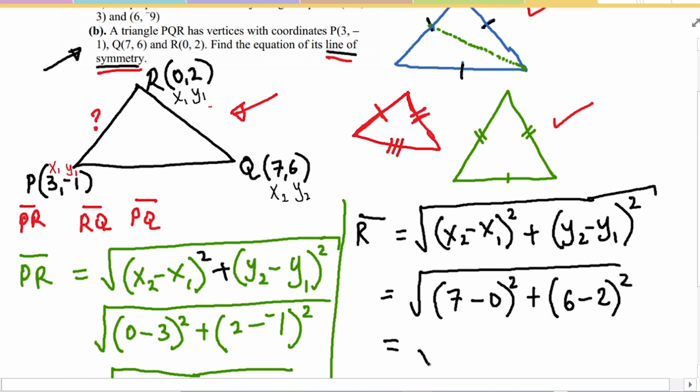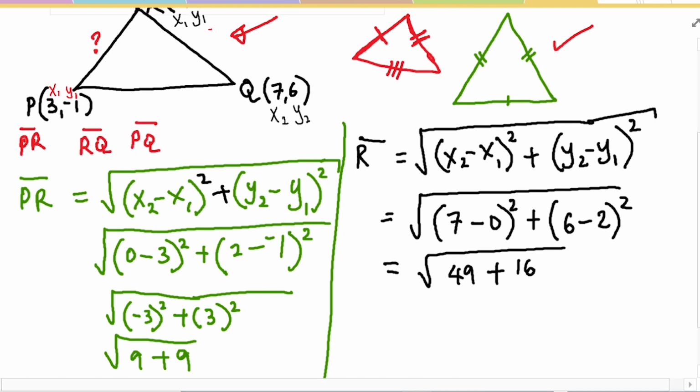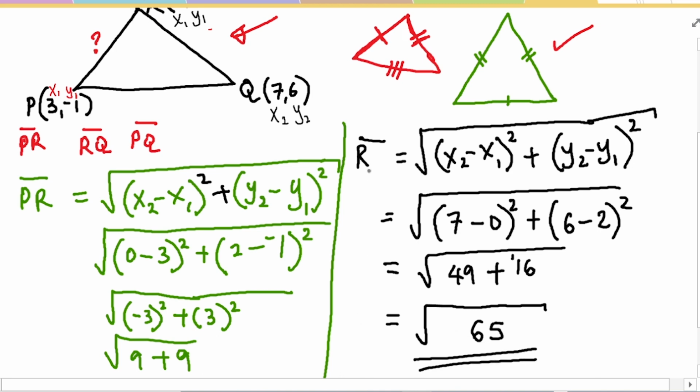That becomes the square root of 7 squared, that is 49, plus 6 minus 2, which is 4, and 4 squared is 16. So 49 plus 16 is 65. So we have the square root of 65 as the length of our RQ.